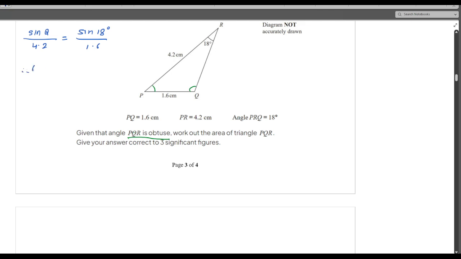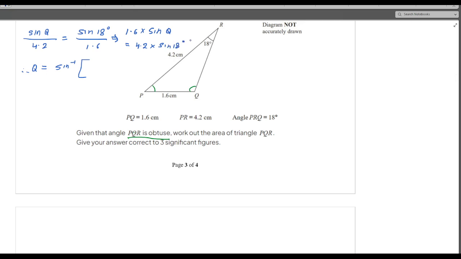And therefore here I have angle Q as the sine inverse of, see, this gives you one step in between, which is 1.6 times sine Q will be equal to 4.2 times sine 18.